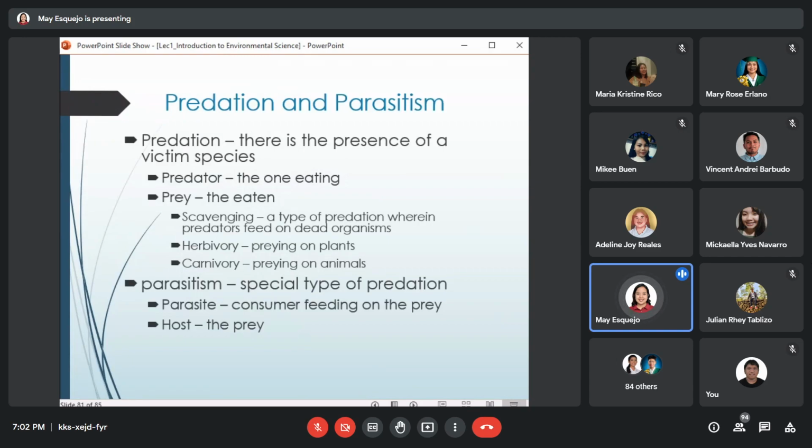So, predation and parasitism. Of course, alam nyo na yun. Merong prey, merong predator. Pag prey, yun yung victim. They are the ones being eaten by the predator. Yun talaga yung role nila. And we have parasitism. We have the parasite and the host.